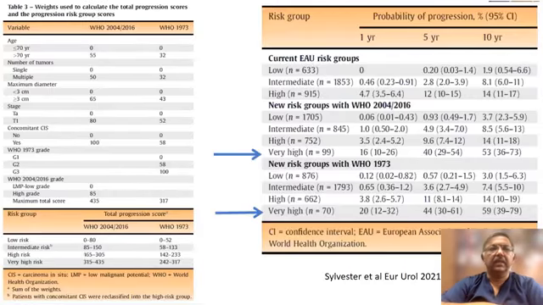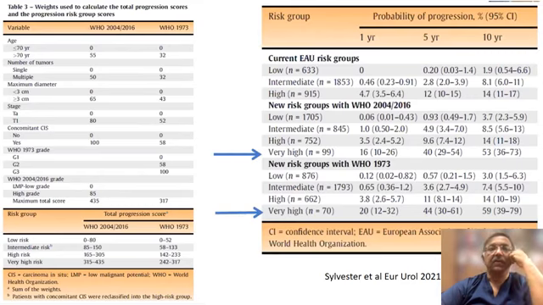If we look at the changes, there is a significant difference in the 1 year probability of progression between high and very high risk. The 1 year progression potential for high risk is 3.5%, whereas in very high risk it is 16%.